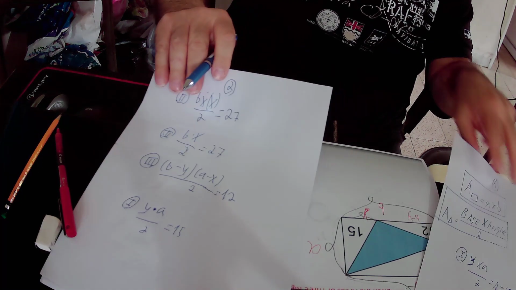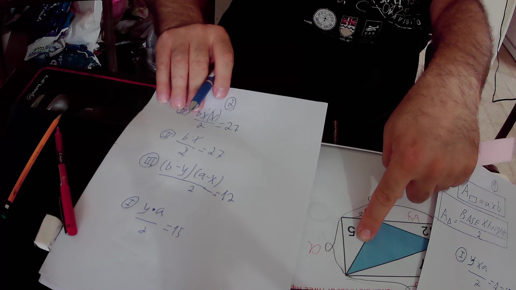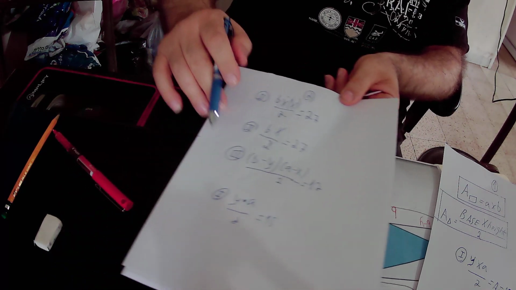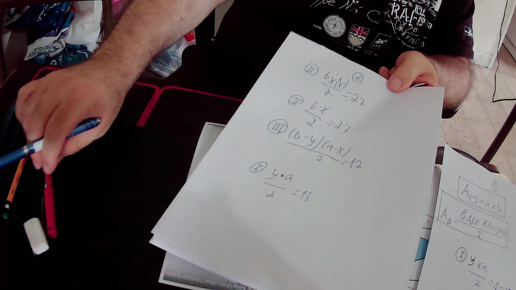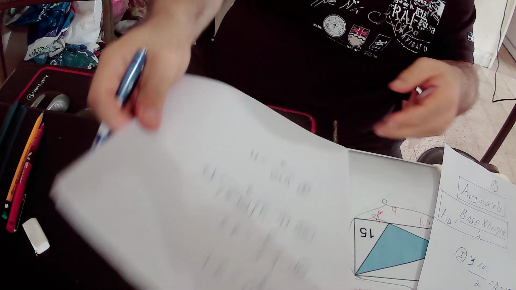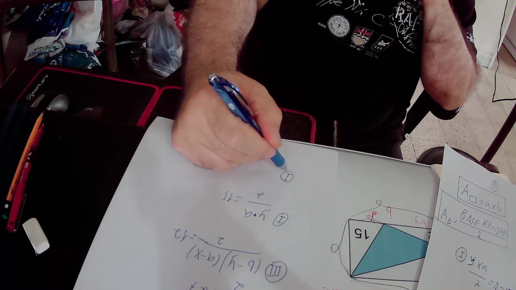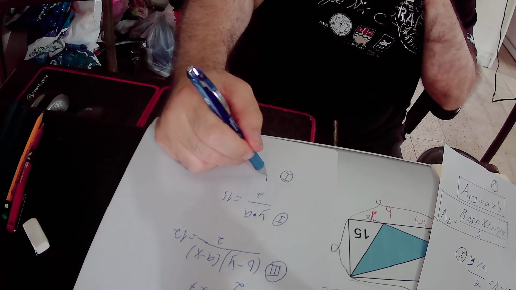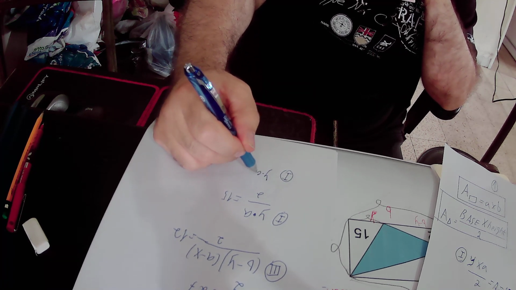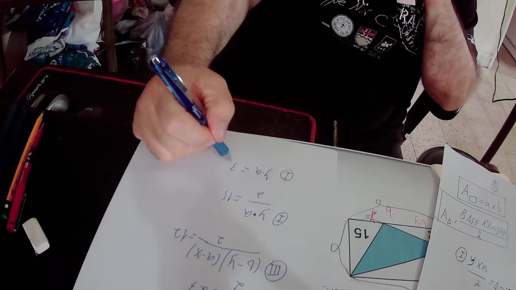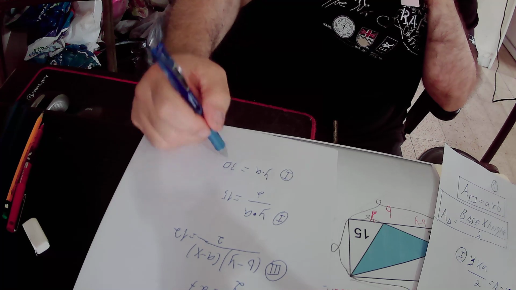This is the area of this right triangle. So we multiply both sides of the equation by 2. We get y times a equals 30, because 15 times 2 is 30.